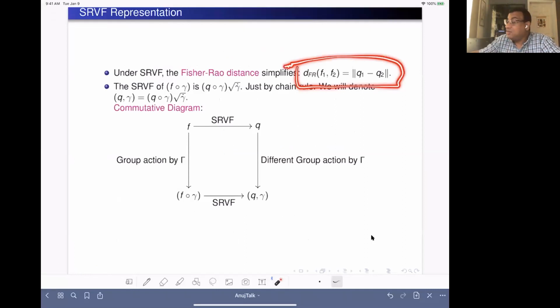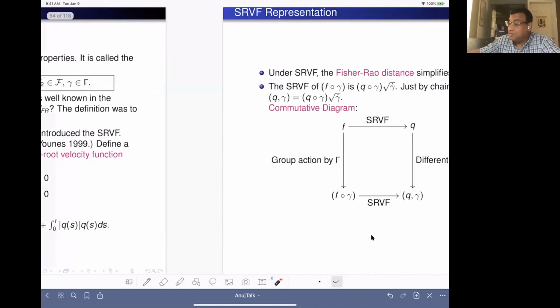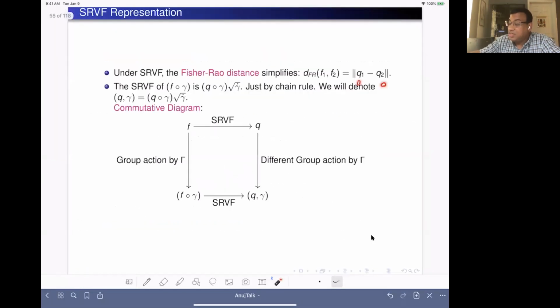Now, it turns out that if you go into the space of SRVFs, and you want to compute the Fisher-Rao distance between two functions f1 and f2, you compute their SRVFs exactly using this formula, and you get q1 and q2. If you compute the L2 norm between these two functions, that is exactly the Fisher-Rao distance. So that's a remarkable simplification for a metric which has such beautiful mathematical properties, but is really a horrific thing to look at.